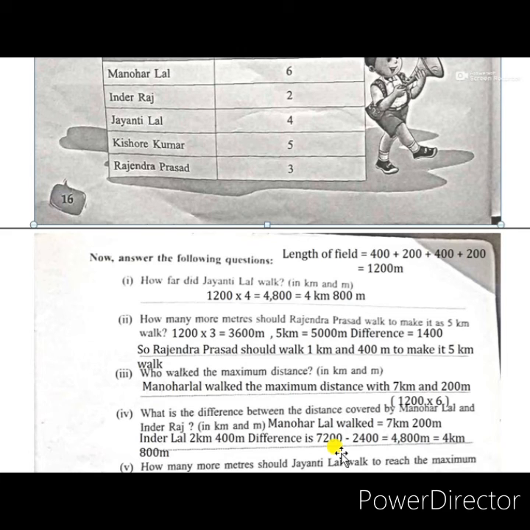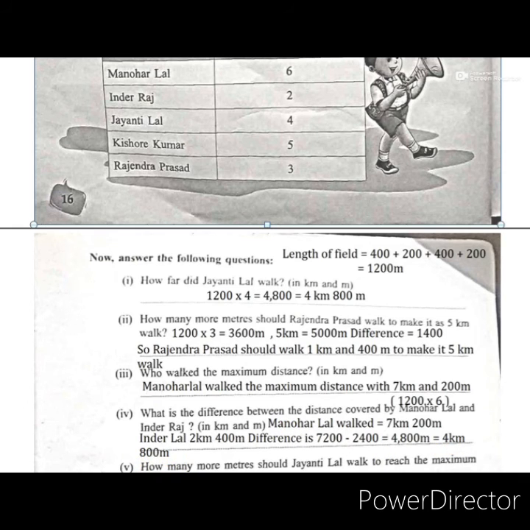After subtracting we get the answer 4800 meters, or 4 kilometers and 800 meters. I have not shown the subtraction here. You have to do it compulsorily on a rough page, but not show it on this page. So what is the last answer? The difference between Manohar Lal's and Inder Raj's walk is 4 kilometers and 800 meters.